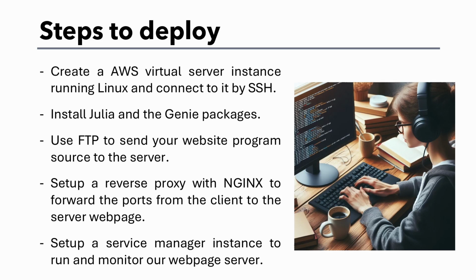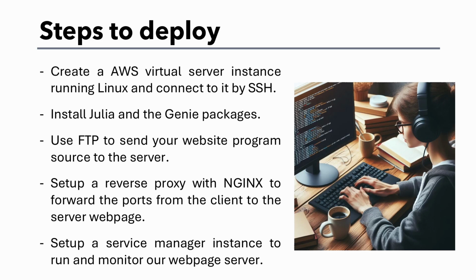After having the server with the operating system installed, we are then going to connect to it by SSH. The first thing that we are going to do is install Julia and the respective Genie packages that we are going to need to run our web page source code. We will transfer the code to the server by FTP. Then we will set up a reverse proxy with nginx to forward the HTTP port 80 from the client to the web service.